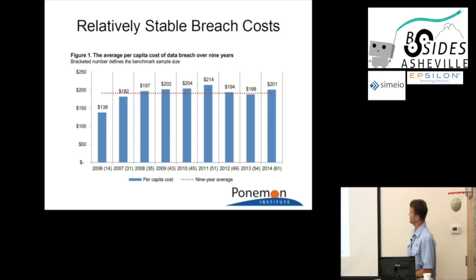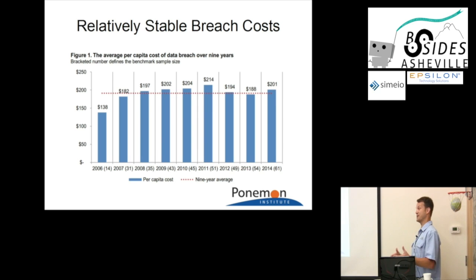The cost of the breach is interestingly kind of stable. You would think after so many years of breaches that we'd be getting better at responding and these costs would be getting lower, but they've actually stabilized for the most part. But that's not necessarily a good thing, because you might still be spending somewhere around $200 per record, but you're dealing with a much higher frequency and much bigger breaches.